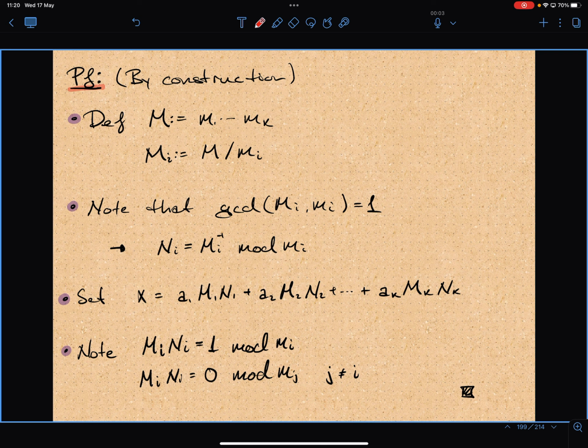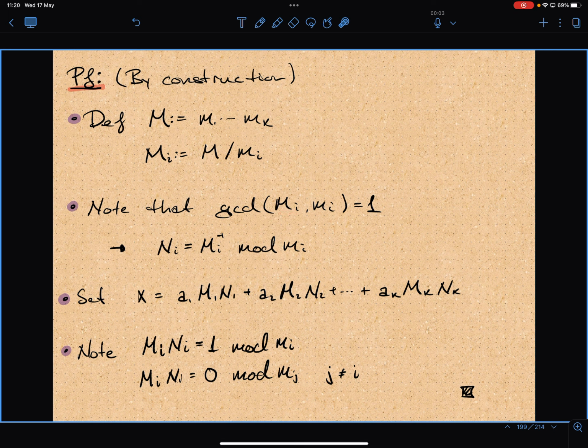So in here, we set M equal to the product of all the little m's, and we set capital Mi to be M divided by mi. You should note that since all these mi's are co-prime, and we took out mi from the big capital M, then this Mi and this mi are going to be co-prime.